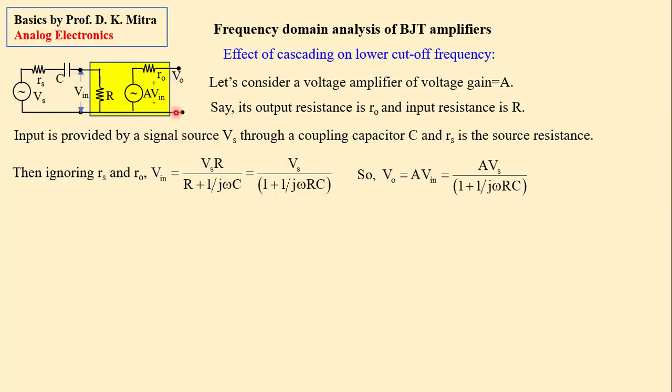Now, what is the Vout? Vout is A times Vin. So it is multiplied by A. As simple as that.